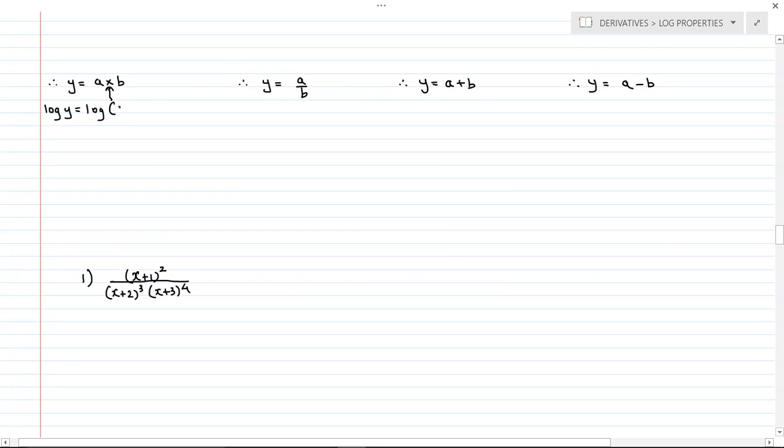If we take log on both the sides for addition, subtraction, multiplication and division, why it is applicable only for multiplication and division, that also you will come to know now. So log y will stay as it is.